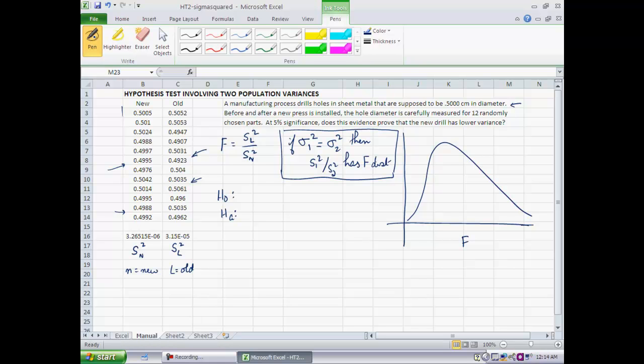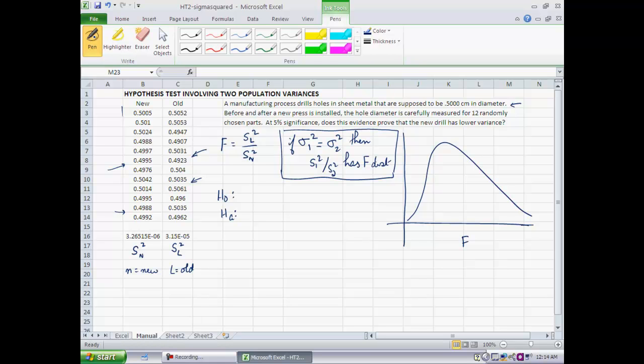So the two populations that we are looking at is the holes made by the old machine, that's one population. The other population is holes made by the new machine, and we got our raw data here. So the two population parameters that we are comparing is sigma L squared and sigma n squared, L and n referring to old and new machine respectively.